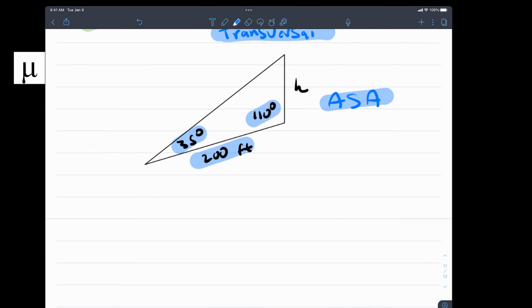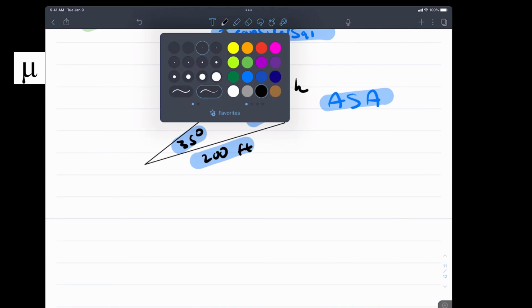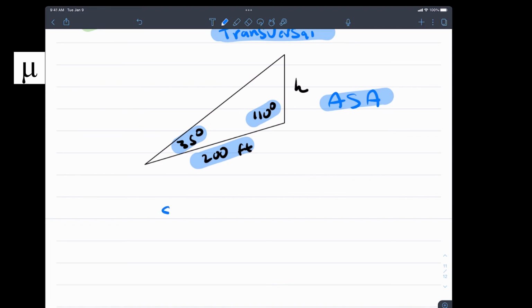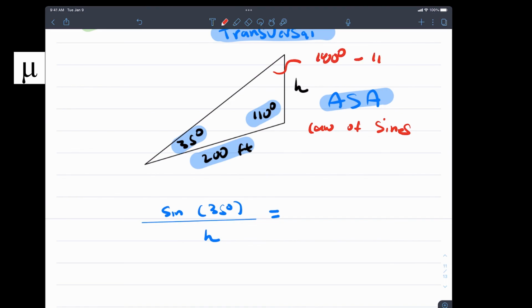Now, how do I find H? Very easily. Sine 35 degrees over H is going to be equal to, we never got the third angle. Wasn't that always the first step in law of sines? 180 minus 110 minus 35. What does this give you? 70 minus 35. Is that another 35 degrees?